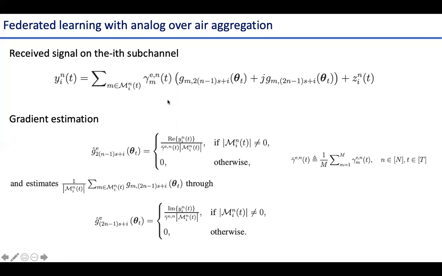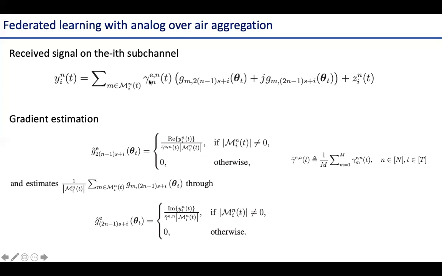One thing before I go to the next slide: I kept saying we receive the aggregated gradient or the sum of the gradients, but to be mathematically precise, we are not really receiving the sum of the gradients, because gradient components received from different workers are scaled differently, since gamma is different across workers.